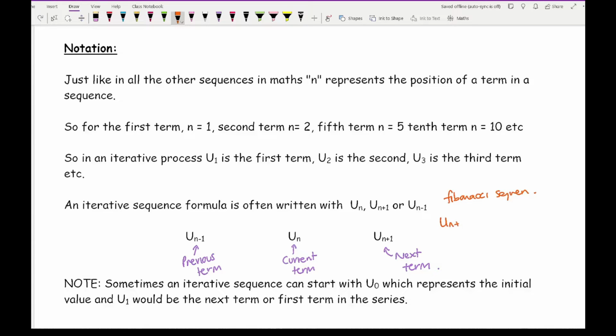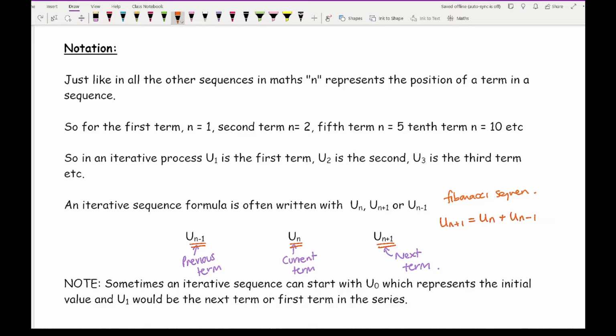Un plus 1 would equal the previous term added to the new term, which is un. So if I want to work out this term, it would be this term plus the one before that one, which would be un minus 1. So that would be a way of notating the Fibonacci sequence.